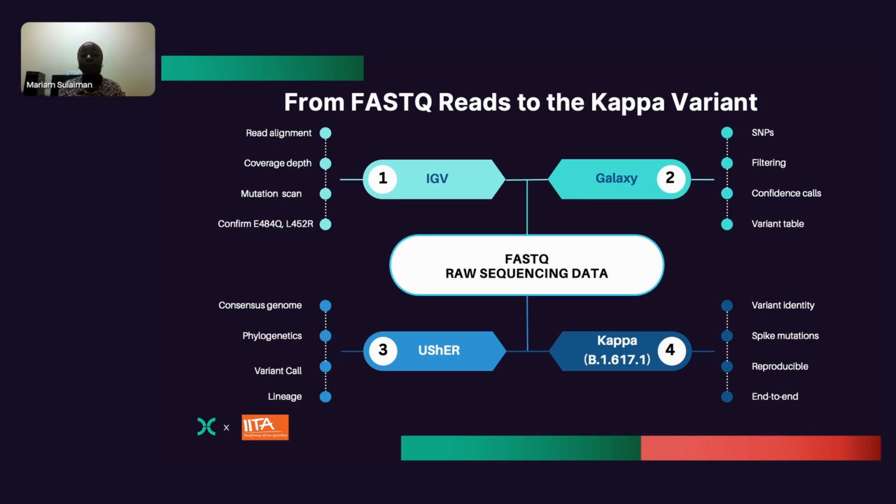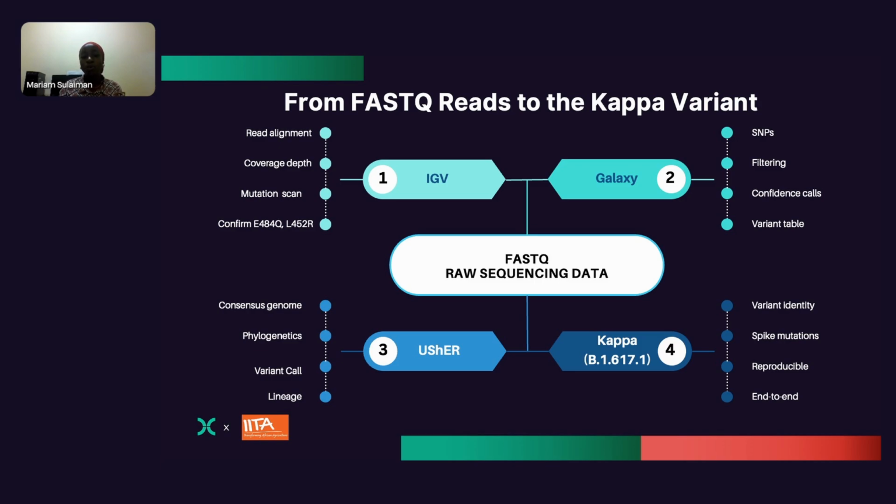Using UShER, I performed lineage assignment, which was what helped me track my variant as the Kappa variant, highlighting the two spike mutations.